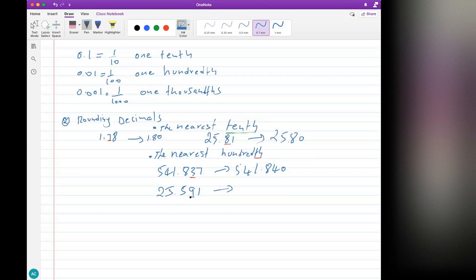So the 9 is in the hundredths position. Then you look to the right. Let's put 4 so we don't confuse it with adding 1. We have 4. Are we adding 1 to 9? No. That's right, because this is less than 5. So we're just going to turn this into 0, and this stays the same.